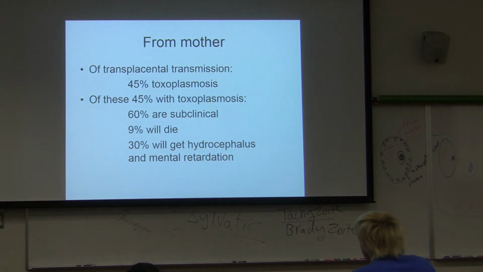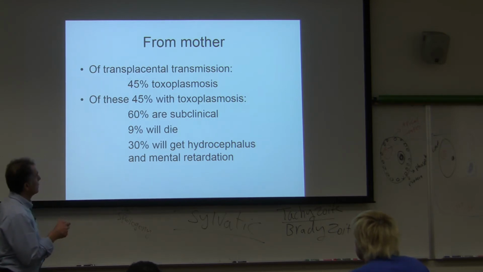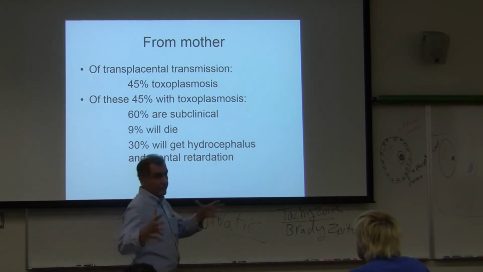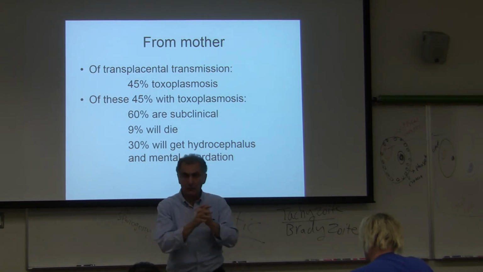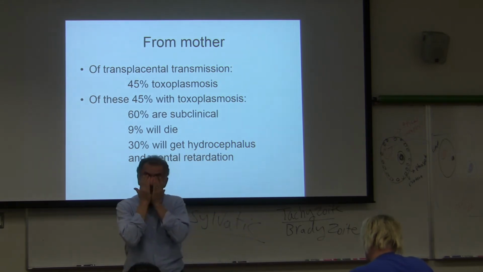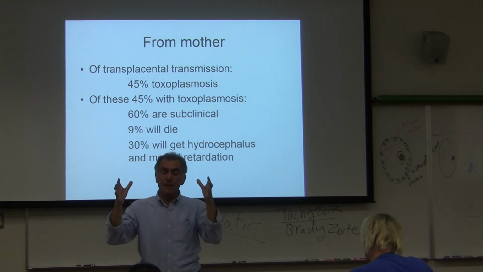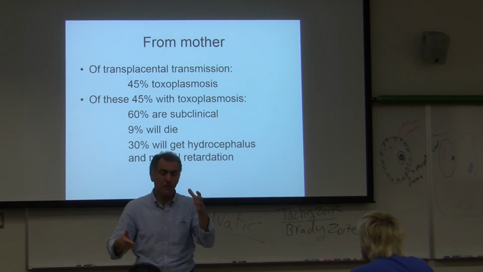Okay, so from mother or transplacental transmission, 45% toxoplasmosis. Of these 45%, so 50-50 chance. If during pregnancy, there are studies, there have been studies done all over the world, not only in the United States. So there are studies that women who became pregnant and during pregnancy for the first time they became infected with Toxoplasma gondii.